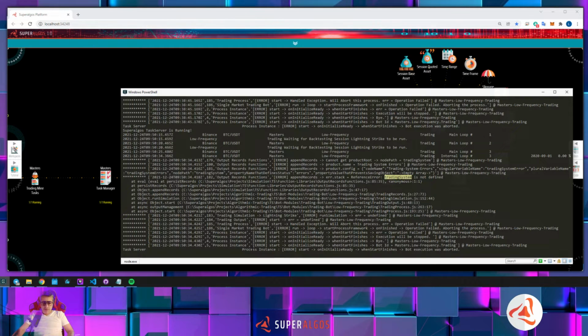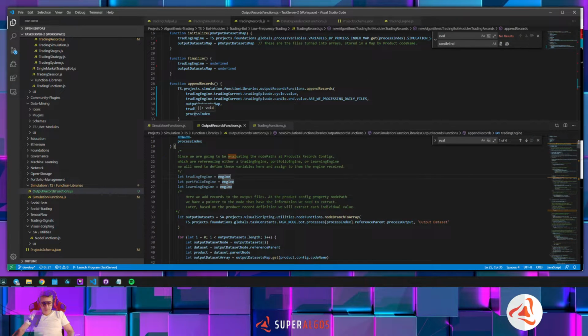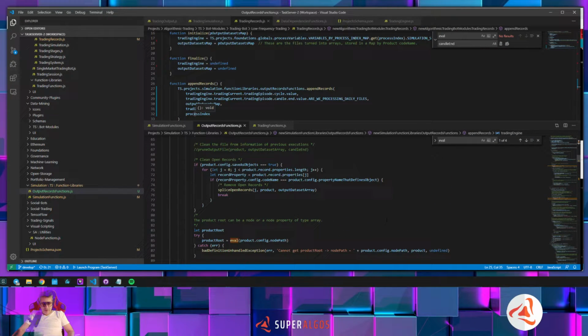Another problem. Okay, now I understand why we had the trading system and the session parameters. Output record functions, line 85. Again, it's an eval.